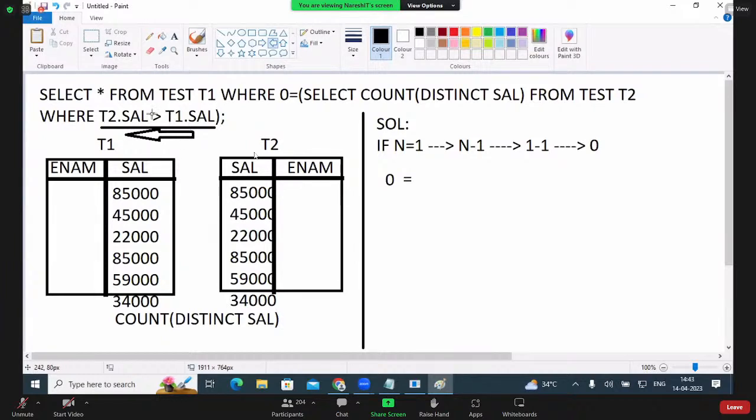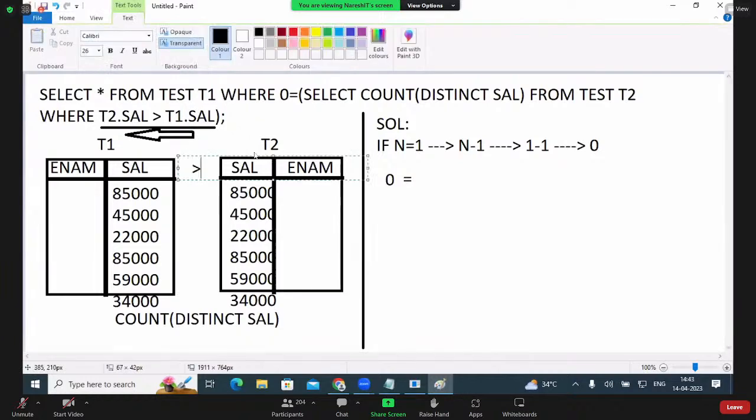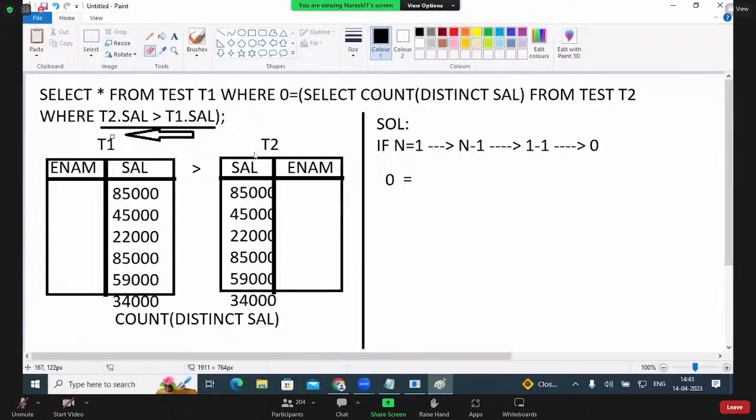And now compare here. Which symbol? Greater than symbol. Now T1 to T2. T1's first value is 85. Here I want to take a greater than symbol. To avoid confusion, I'm changing the table names now.